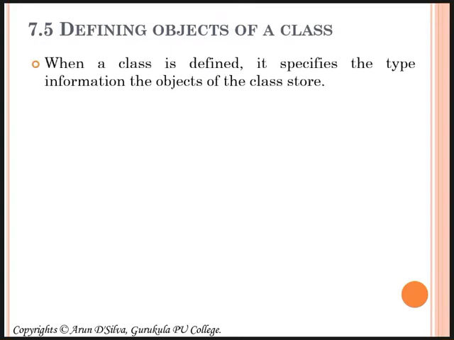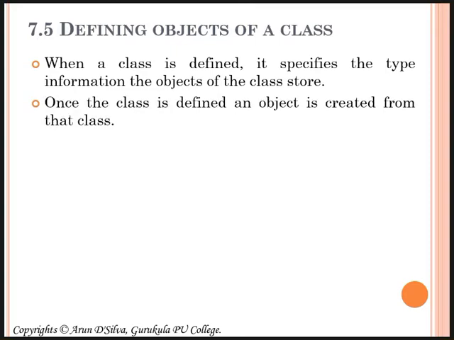When a class is defined, it specifies the type of information the objects of the class store. Once the class is defined, an object is created from that class.